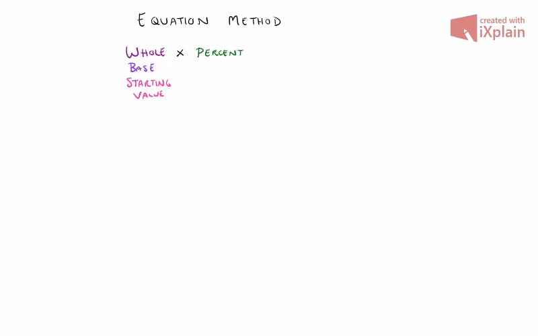What you want to note here is that the percent needs to be in decimal form. If you don't do that, your numbers are going to come out way bigger than you want them to. When we multiply our whole number, or base, or starting value by a percent, that results in a part, specifically the part, or the value, or the amount that we are interested in.